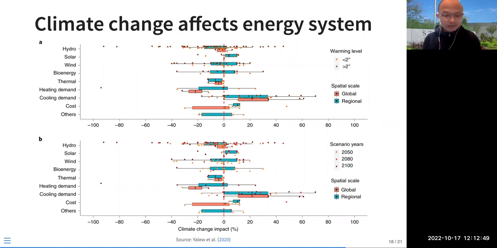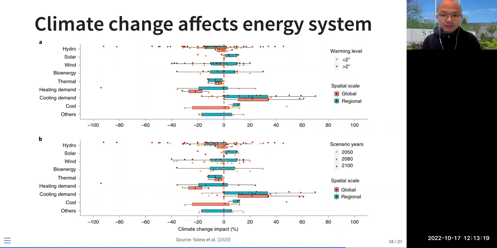This review paper, which I also outlined in the reading list, really looks into how climate impacts different energy technologies and systems, some at a global, some at a regional scale. Some impacts might be good, some negative, to the production and the costs of our energy systems.